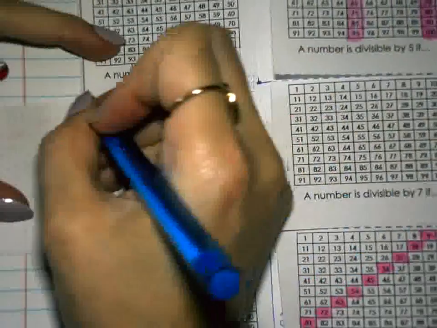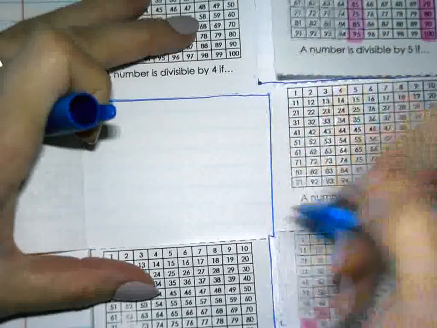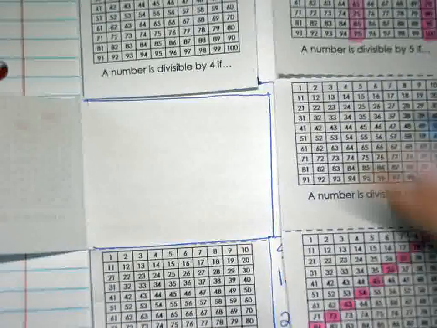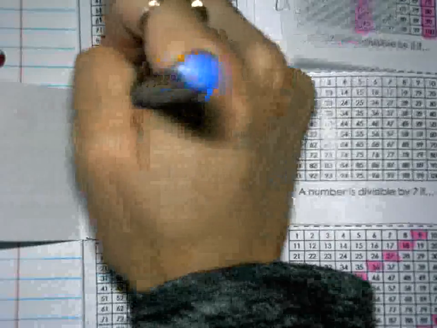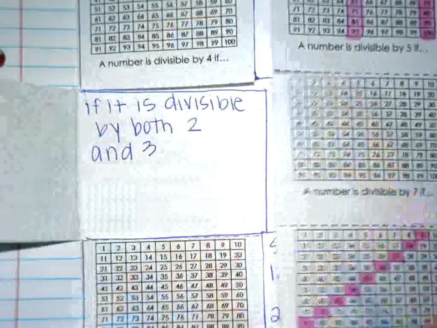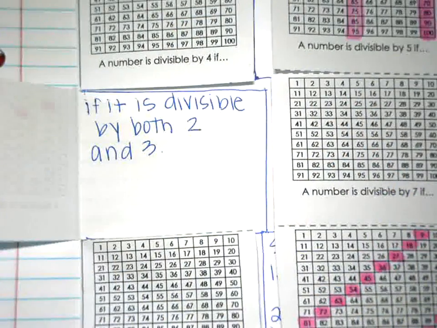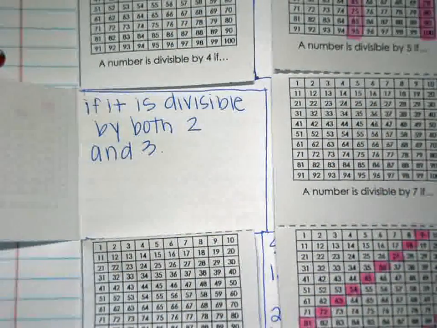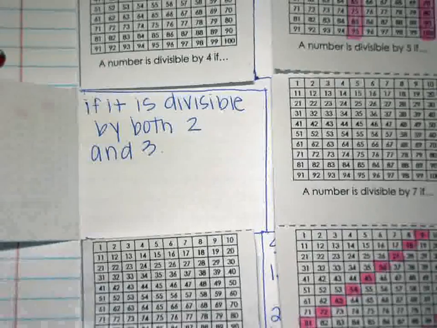So I'm going to box it out. Okay, so a number is divisible by 6 if it is divisible by both 2 and 3. Meaning a 2 has to go into the number and a 3 has to go into the number.